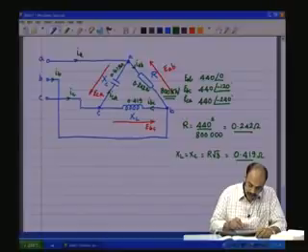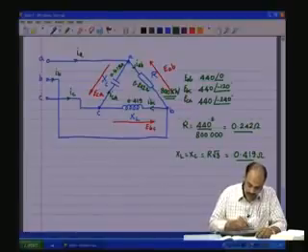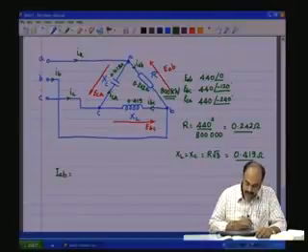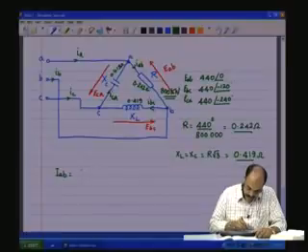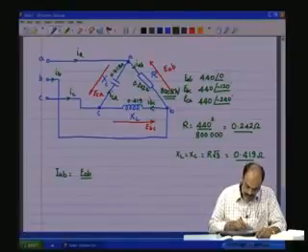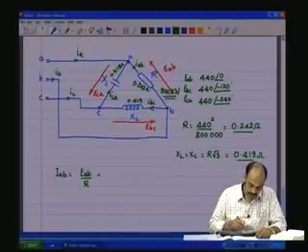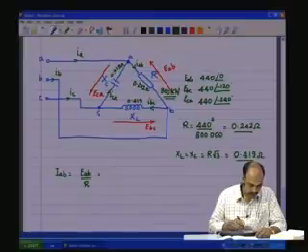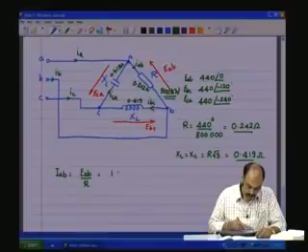Now, the current through R, let us say IAB, will be EAB by R, and that is equal to 1817 amps, isn't it?